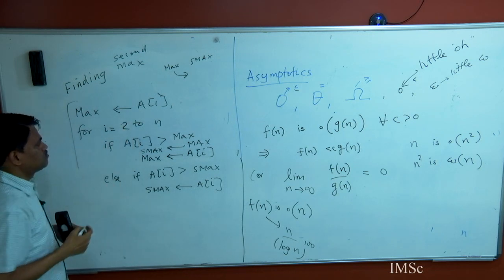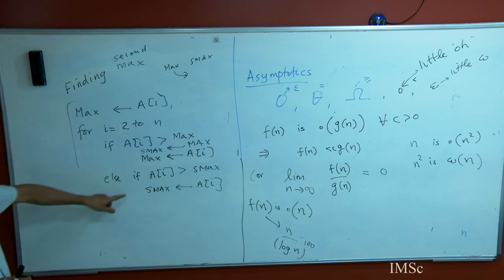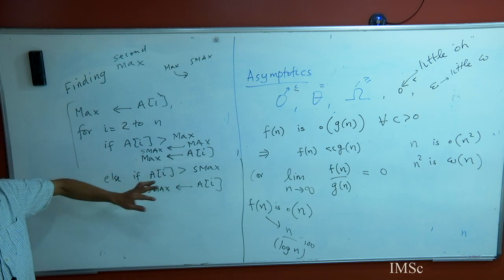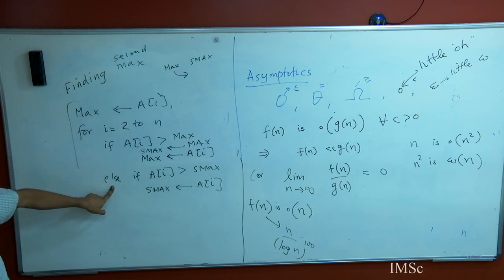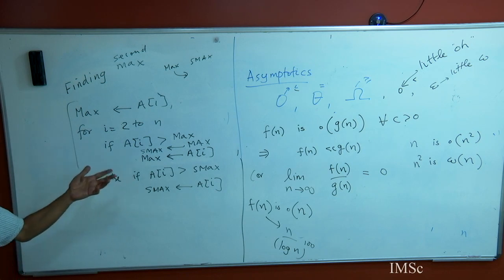But then I can't do this comparison. No, this is an else. If ai is smaller than max, first time maybe you store it as second max. Yeah, exactly.